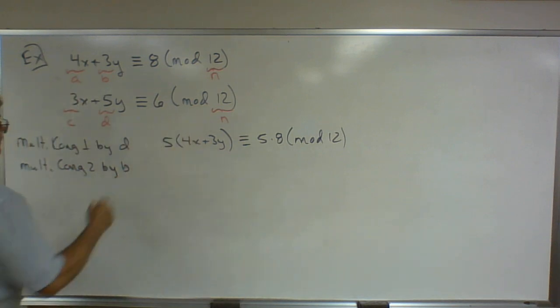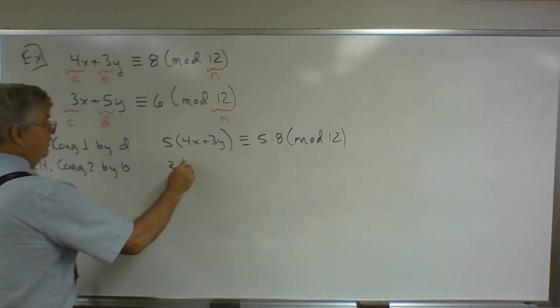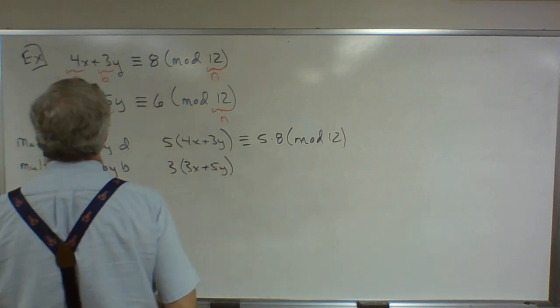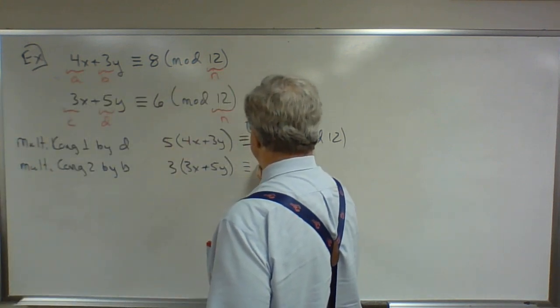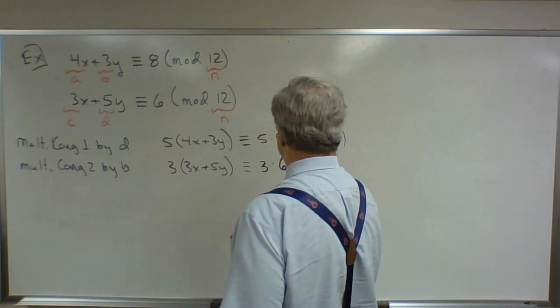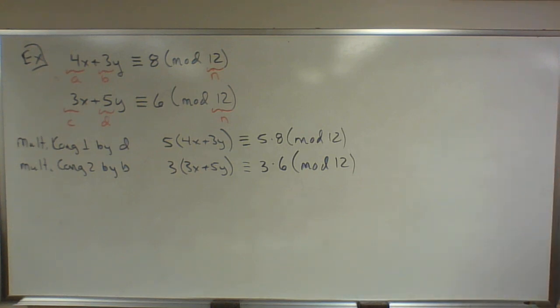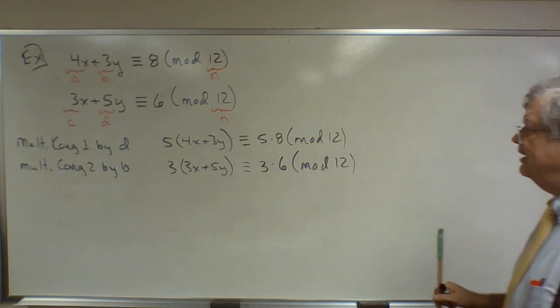Multiply congruence 2 by B. B is 3: 3 times 3x plus 5y is congruent to 3 times 6 mod 12. Let me make sure I did that right. I think we're good.